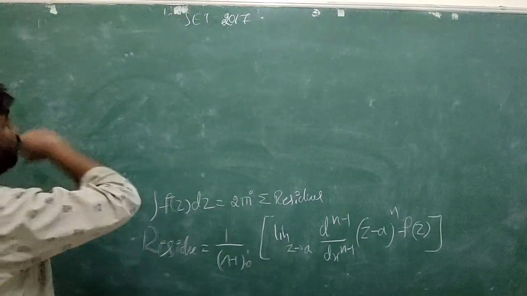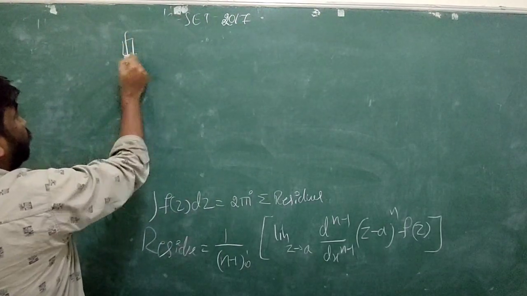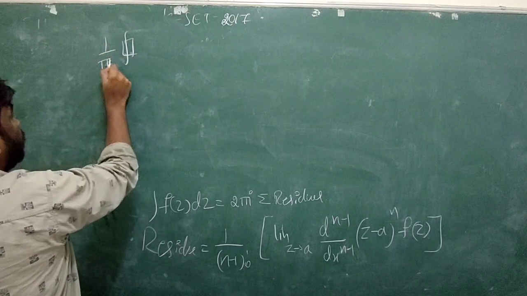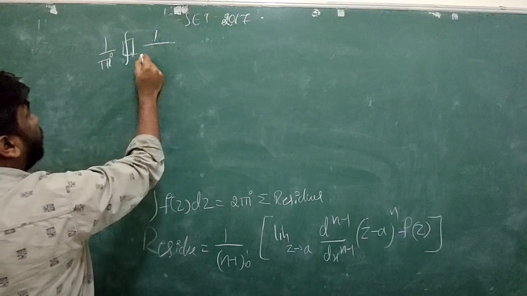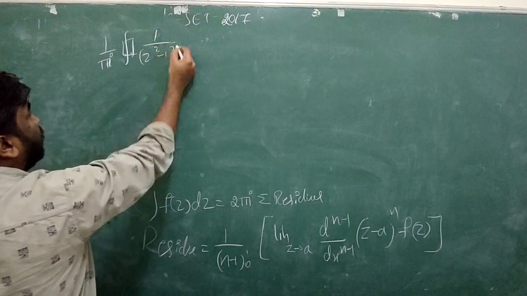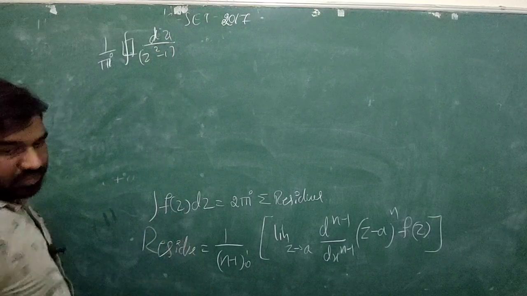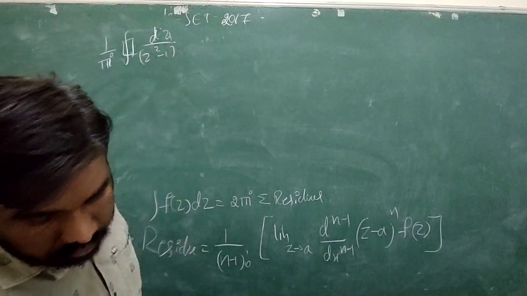The question is the integration of 1 by pi i into 1 divided by z square minus 1 into dz.